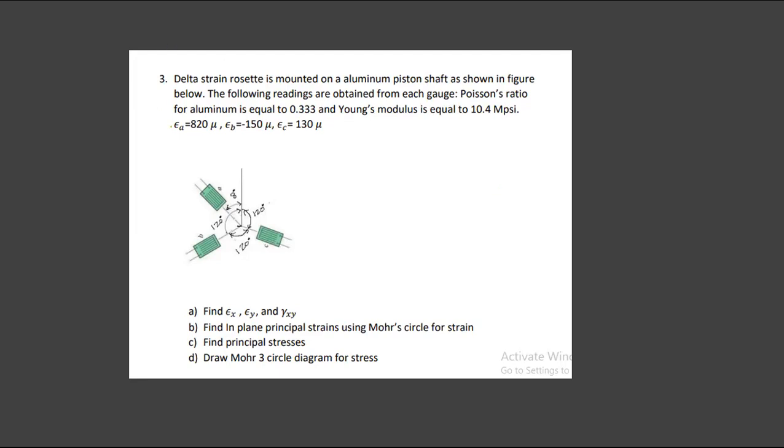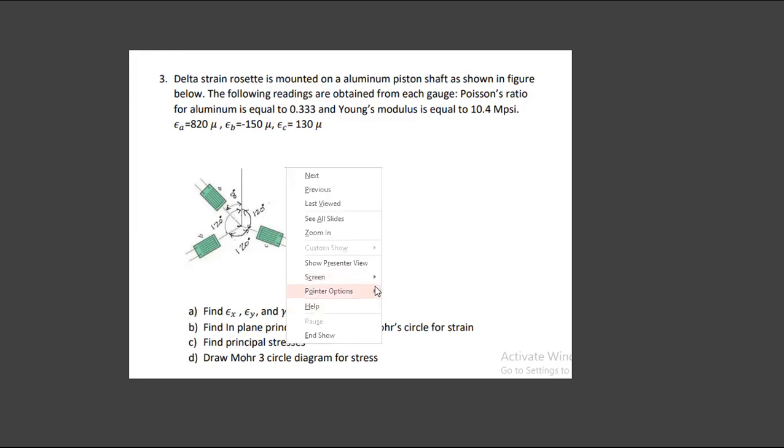So it's simple, right? The epsilon x dash is given. We know theta, and we just need to calculate the values epsilon x, y, z.